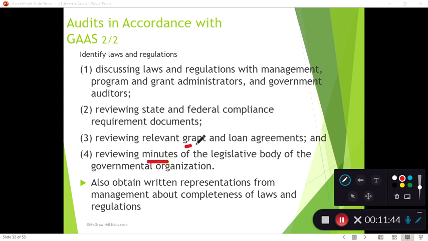And you're going to get the managers to give a written assertion about how well they've complied with these. You're also going to be talking to the lawyers, the internal lawyers for the firm, the counsel, to deal with a lot of this compliance.